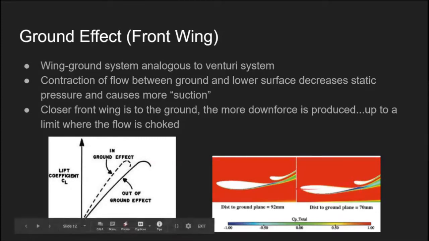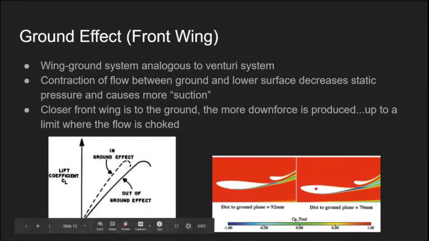And you also notice that, say you have a 2-element front wing, the closer the actual main plane is to the ground, the less the flap does, if that makes sense. Yeah, the flap's producing a little bit of downforce, but when you get closer to the ground, that contraction is accelerating the flow.